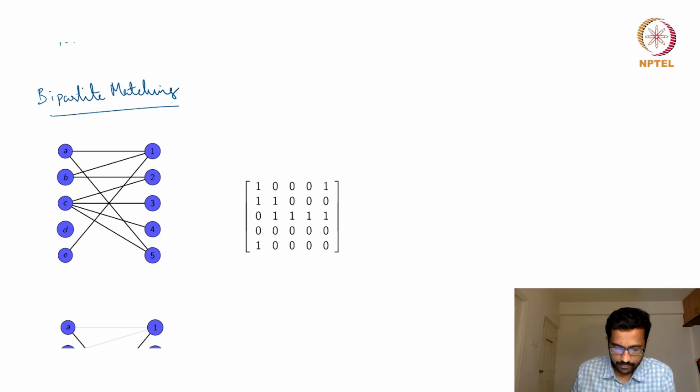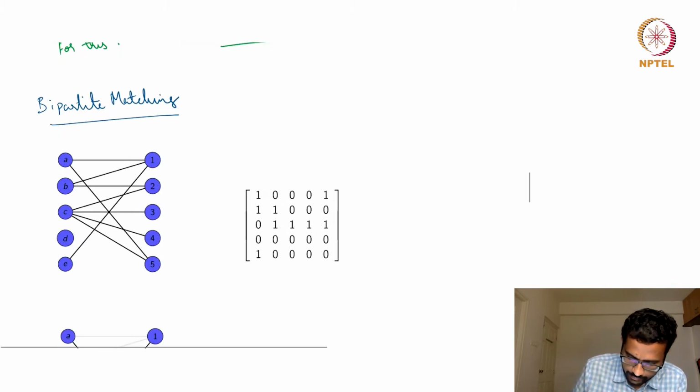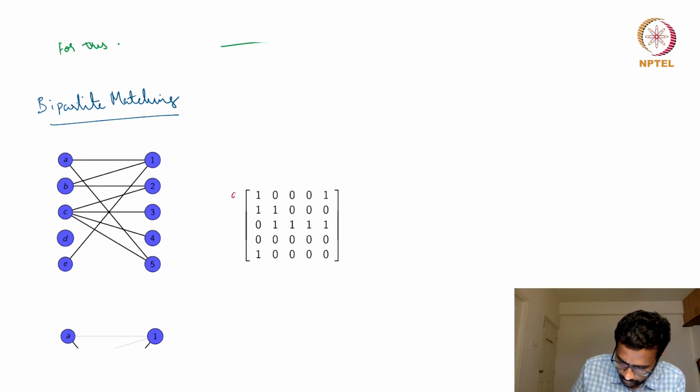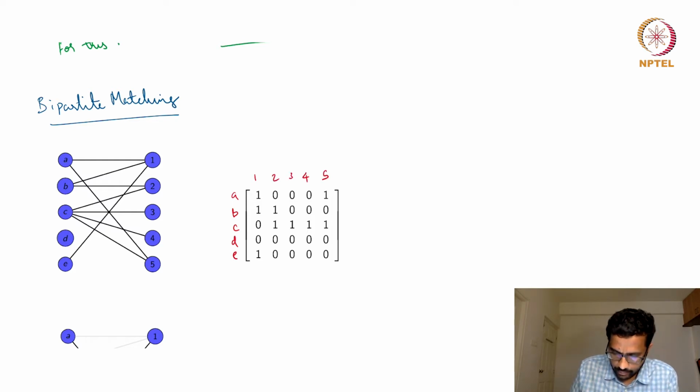So what I mean is, the rows are indexed by A, B, C, D, E, and the columns are indexed by 1, 2, 3, 4, 5. And from A to 1 there is an edge, right? So for A to 1 there is this edge, and that is this one that I have circled, right?